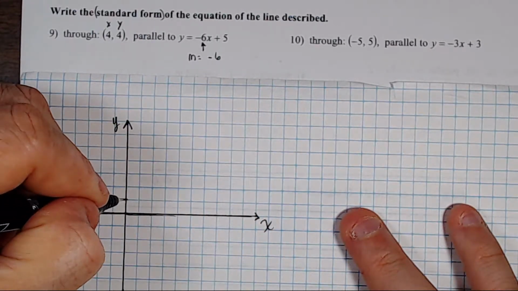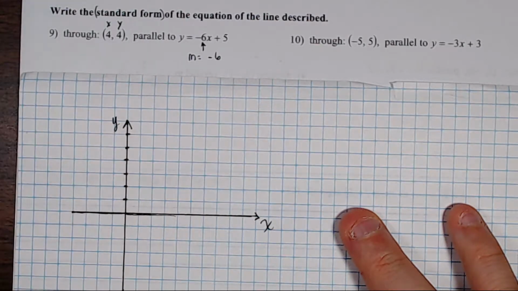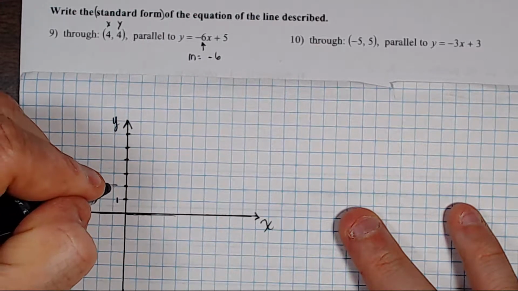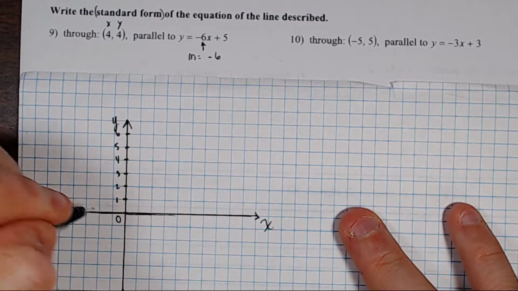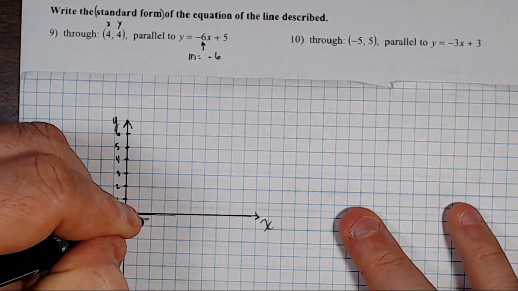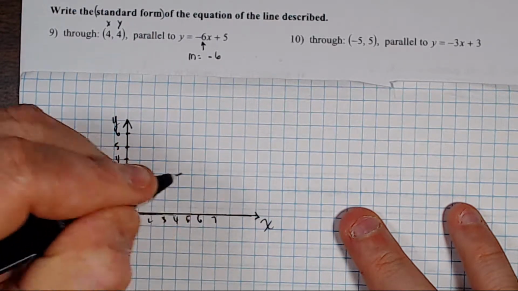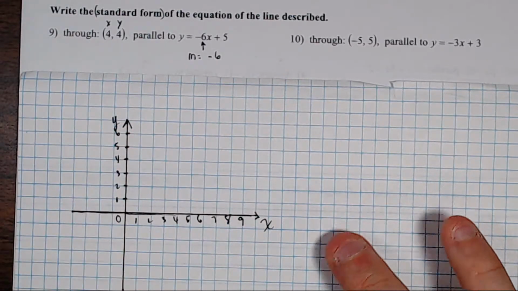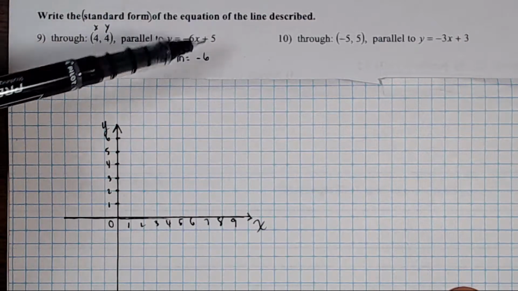We'll just increment these by 1 per box. Hopefully I'll have drawn enough. 1, 2, 3, 4, 5, 6. This is 0. And then 1, 2, 3, 4, 5, 6, 7, 8, 9. So we're going to graph this first line.